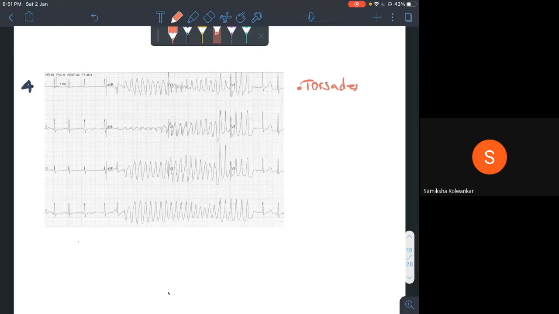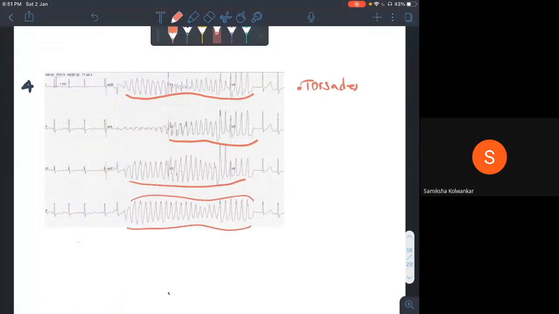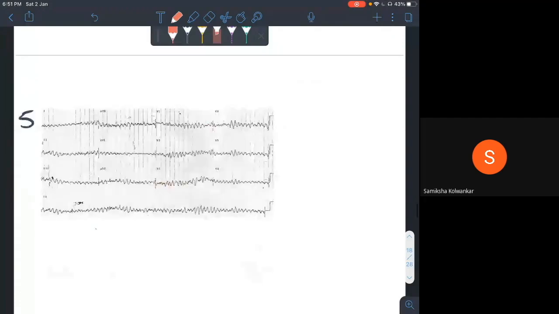See this fluctuation, see this fluctuation, see this fluctuation, torsades, right? Okay, last one. VFib. Perfect.